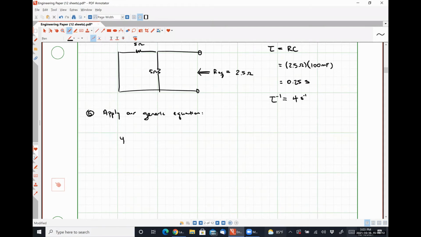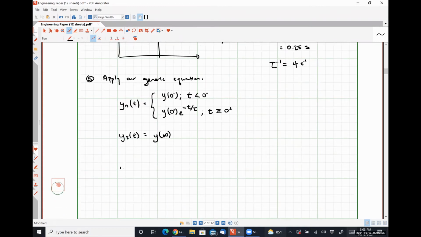So we know that our natural response, yn of t, should be of the form y at 0 minus for t less than 0 minus, and y at 0 plus e to the minus t over tau for t greater than or equal to 0 plus. And we know that yf of t is just y at infinity.